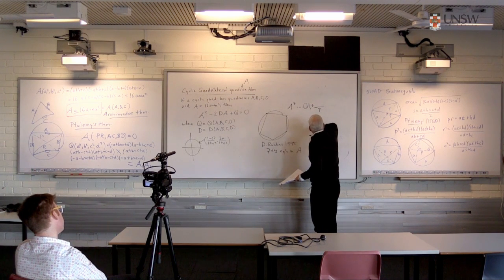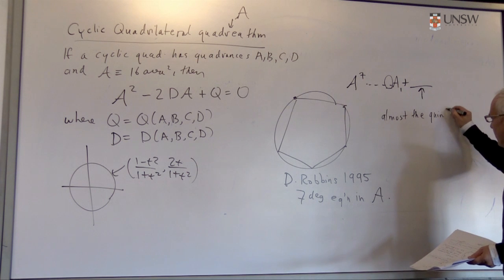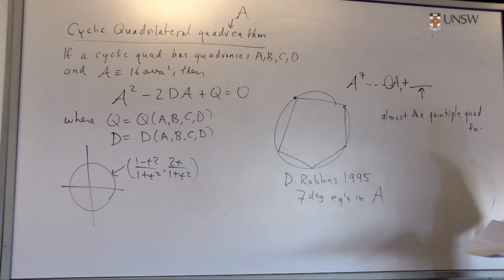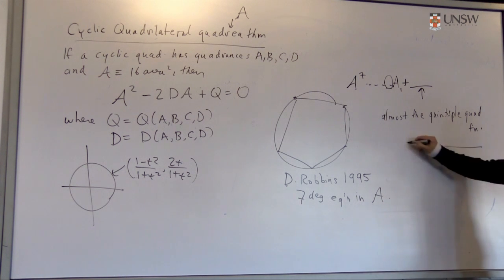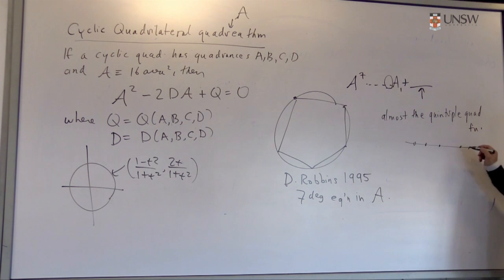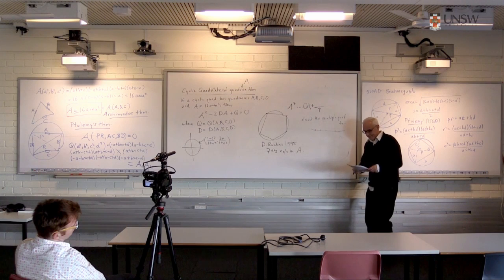The product here turns out to be essentially, not quite, but almost the quintuple quad function. The thing that you get when you examine what's the relationship between 5 points on a line. The 5 quadrances are formed there. It turns out that there is a formula.